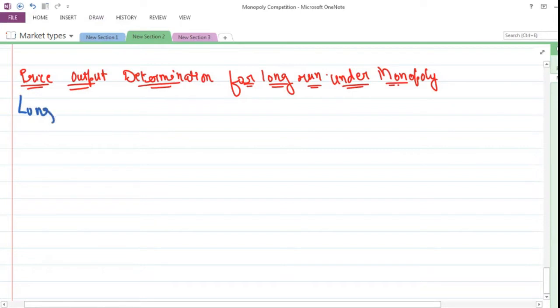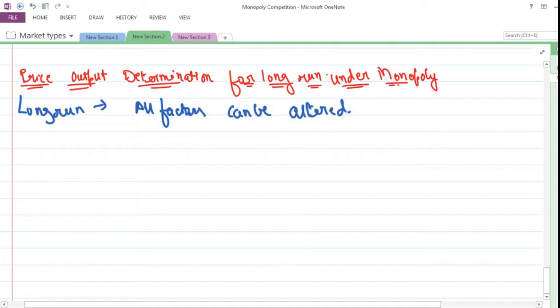Long run, all factors can be altered. As all factors can be altered, the demand curve would be changing according to the situation, or he can change the production according to the demand curve that he is facing at the moment.